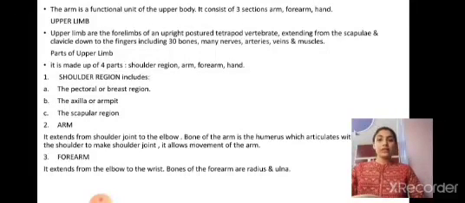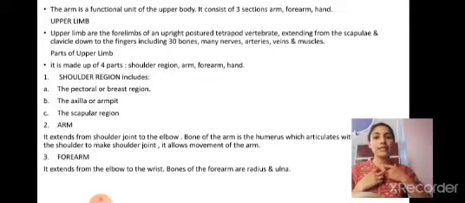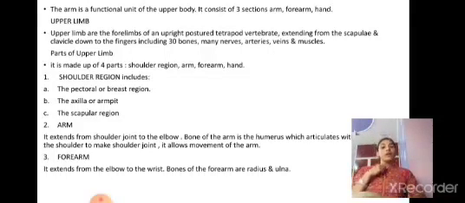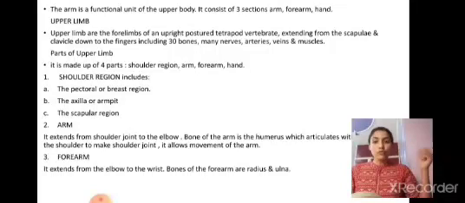Now clavicle. So clavicle articulates at the SC joint. What is the SC joint? SC is the sternoclavicular joint. Sterno means the sternum part, clavicular is the clavicle part. So the medial part, medial means the inside part of the clavicle, articulates with the sternum to form the sternoclavicular joint here. Okay, because when we do arm movement, the clavicle bone gives its contribution by doing slight rolling on this area.